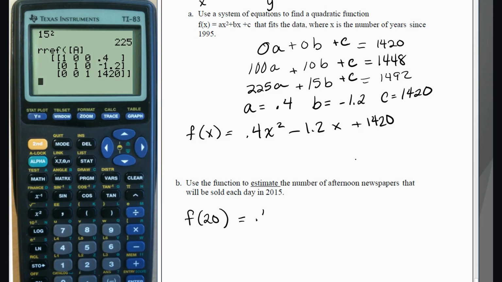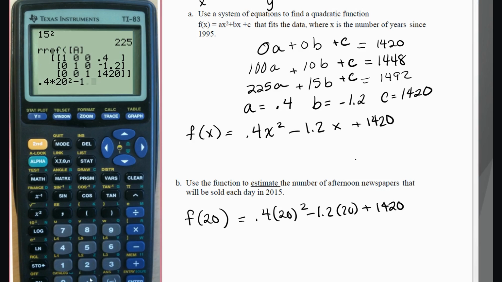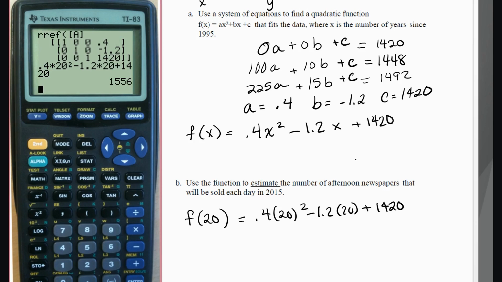So that will be 0.4 times 20 squared minus 1.2 times 20 plus 1420. Okay, and we see that this is saying that the average number of newspapers would be 1556.